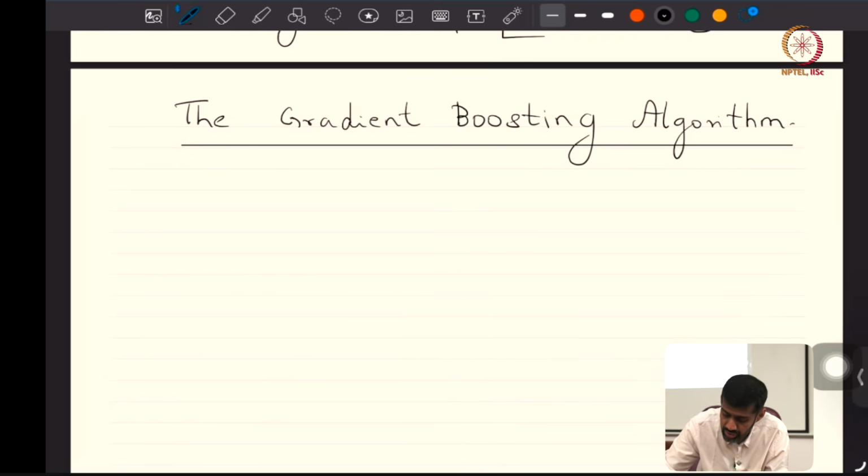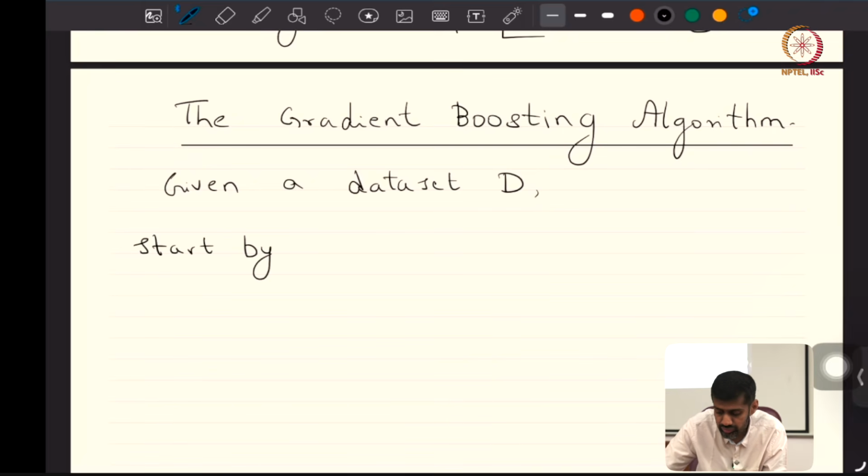Given a data set D, start by creating B data sets.